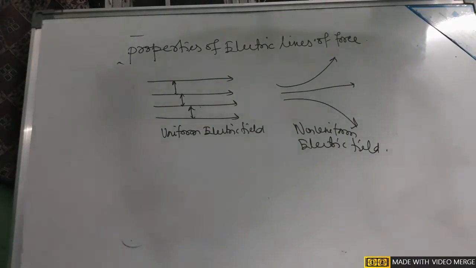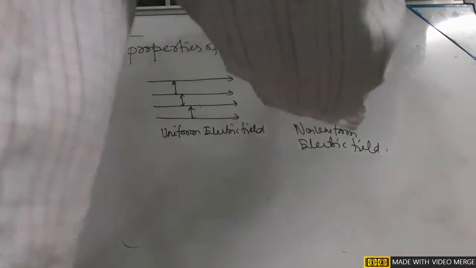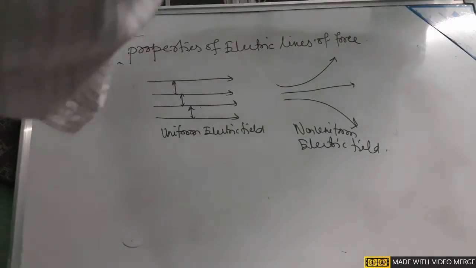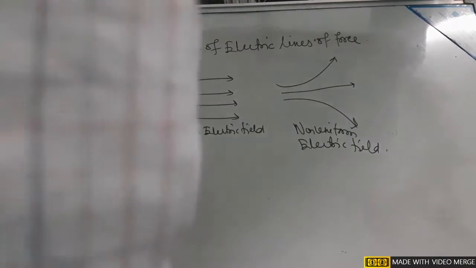And this is a non-uniform electric field. So diagrammatically, by observing this separation of the lines of force, one can have the idea whether it is a uniform electric field or a non-uniform electric field.